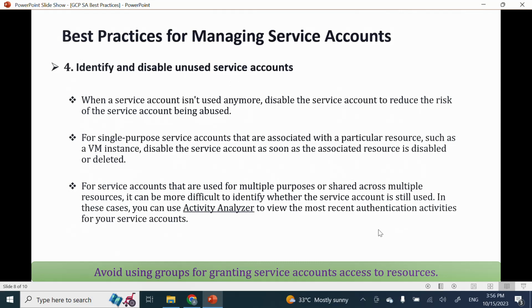For service accounts that are used for multiple purposes, that means shared across multiple resources, it can be more difficult to identify whether the service account is still used. In these cases, you can use Activity Analyzer to view the most recent authentication activities for your service account. Please avoid using groups for granting service accounts access to resources.